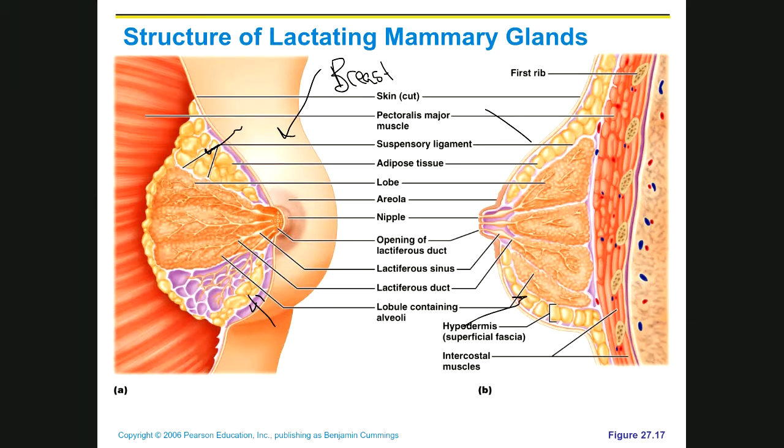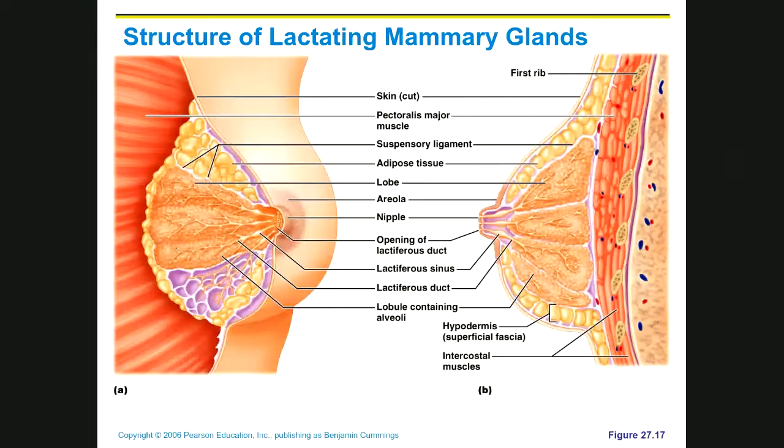Humans are the only animals that maintain an enlarged mammary gland or a breast. Humans are the only ones with breasts. Even our closest relatives, like chimpanzees and bonobos, they don't have breasts. Now, they do have mammary glands, but they don't have breasts.